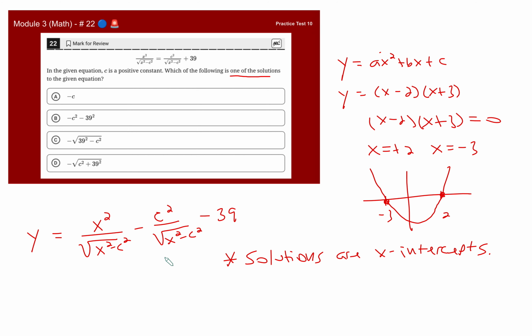So if we graph this, we find using the slider what C needs to be so that we have x-intercepts. Let's say, for example, we have a graph, and let me draw it the right way.